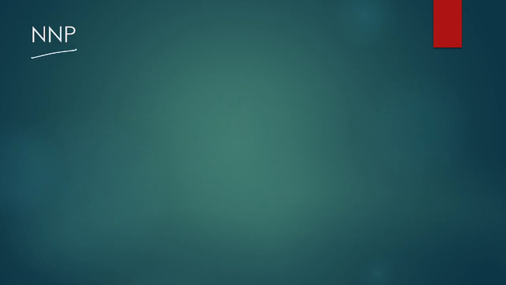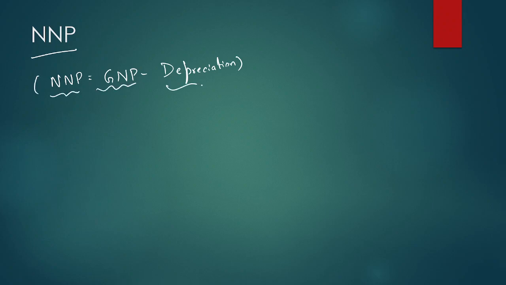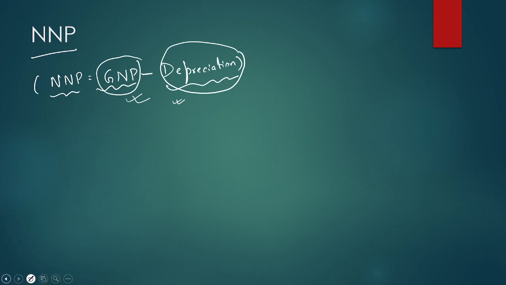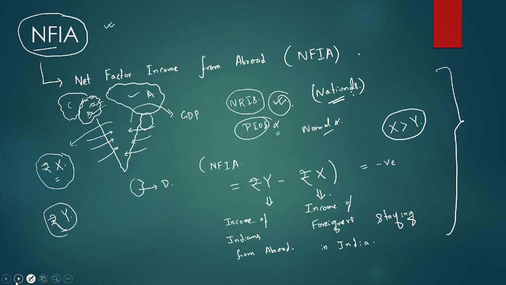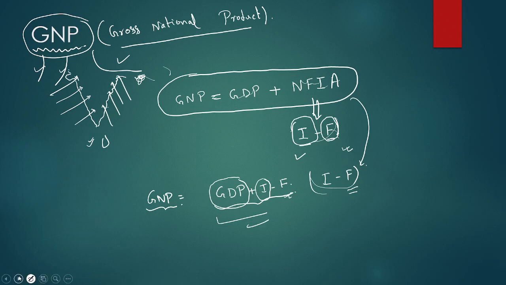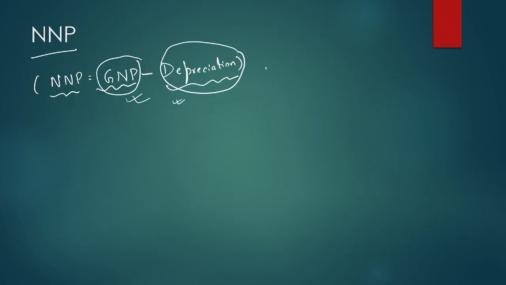Now what is NNP? On similar lines, we will say that NNP is GNP minus depreciation. I don't think I have to explain anything, because GNP and depreciation, you very well know what they are. I have explained the definition with good examples. Here I have explained what GNP is. We have seen. So here it is NNP.